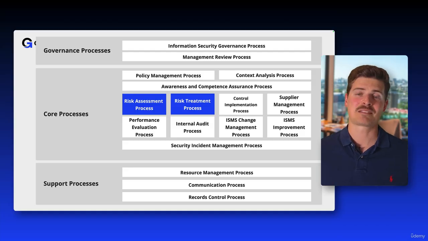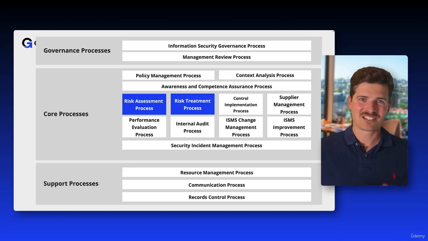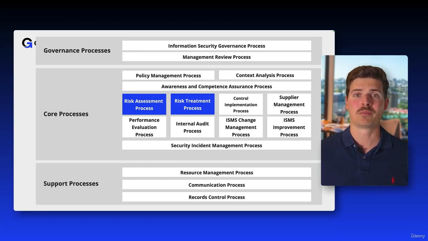And only the assessment and the treatment process has to be somehow formally documented in whatever form you deem as necessary. So in the end, it depends on how your organization works, what's best for you, and maybe also consider what you already have. So probably some of the processes that you need for your ISMS are already in existence.